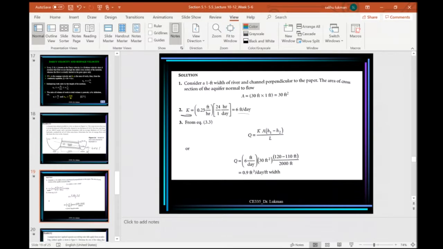Then we apply Darcy's equation, Q equals KA (H1 minus H2) over L. The elevations of water in the river and the channel serve as the heads, and L, the distance separating them, is 2,000. The area is 30, assuming unit width, and this is K. The result is 0.9 cubic feet per day per foot width. Remember, we assumed a unit width of 1 foot. I hope it is clear.